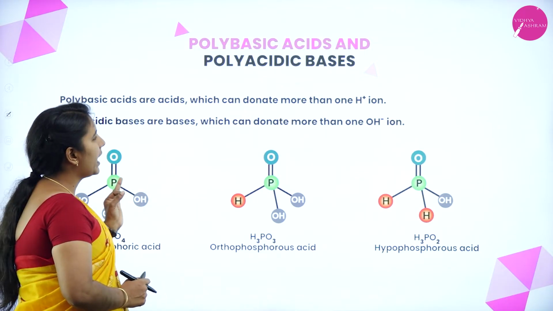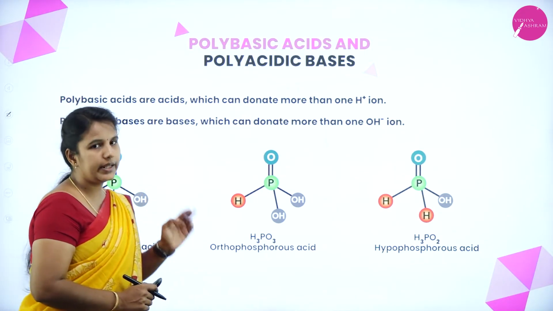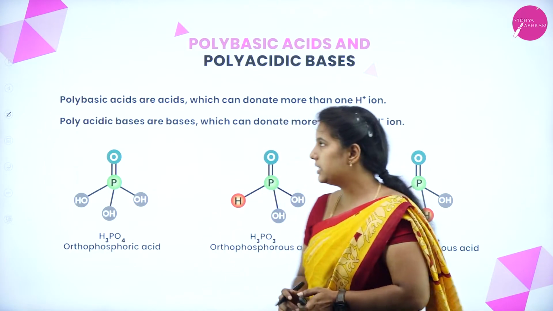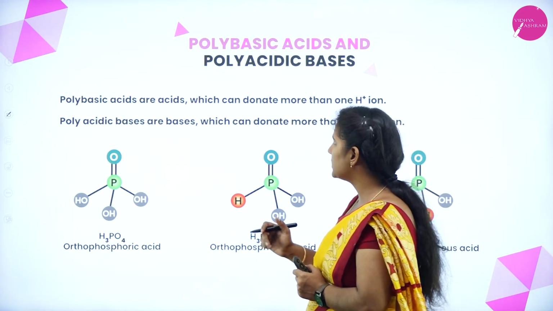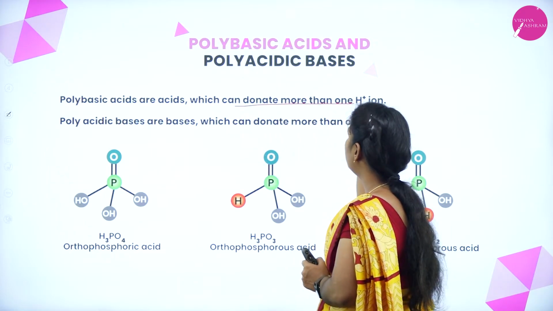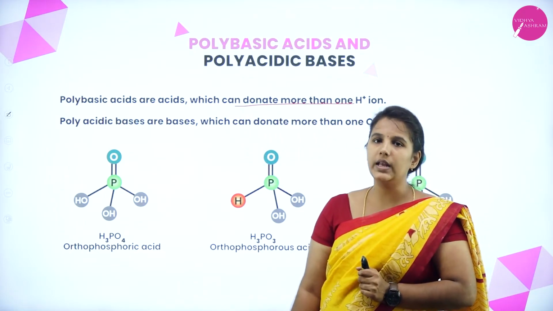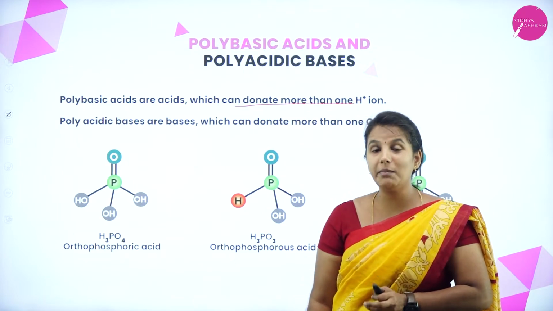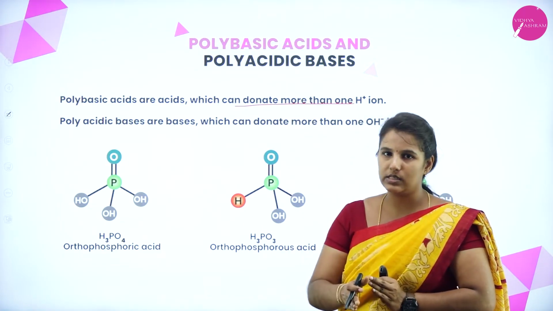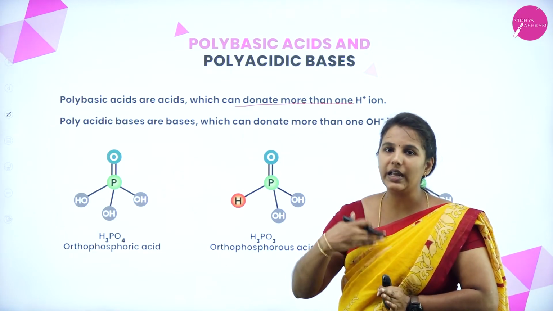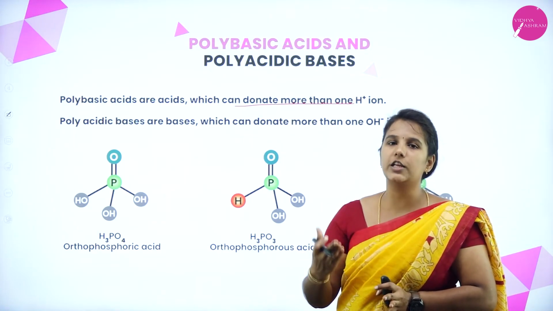Next, the polybasic acids and polyacidic bases. What is this? Polybasic acids are acids which can donate more than one H plus ion. So the name itself shows it.